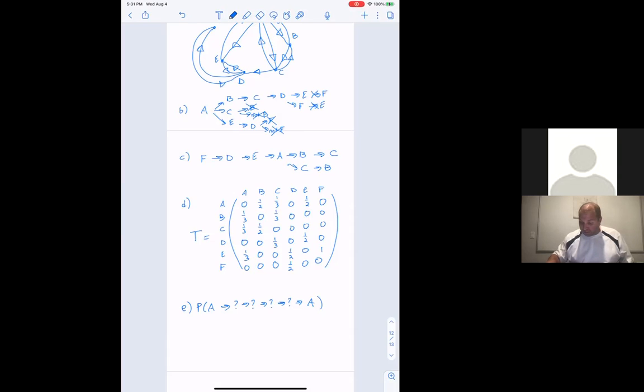So I'm going to make a 6 by 6 matrix. 0.5, 1 over 3, 0.5, and 0, 1 over 3, 0, 1 over 3, 0, 0, 0, 1 over 3, 0, 0, 0, 0, 0, 0, 1 over 3, 0.5, 0, 1 over 3, 0, 0.5, 0, 1, 0, 0, 0.5, 0, and 0.